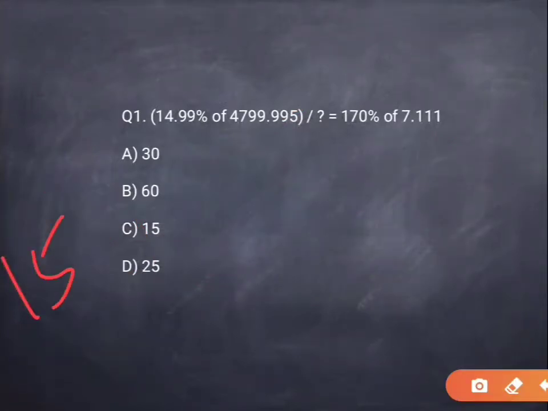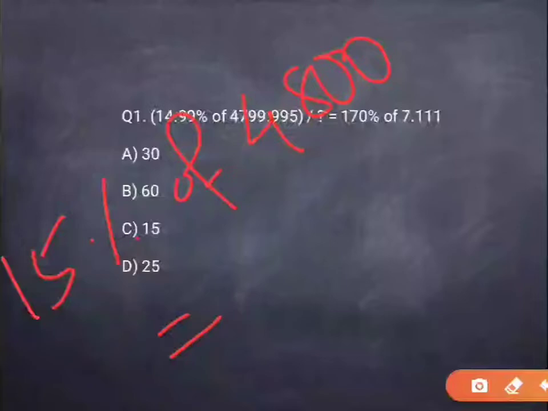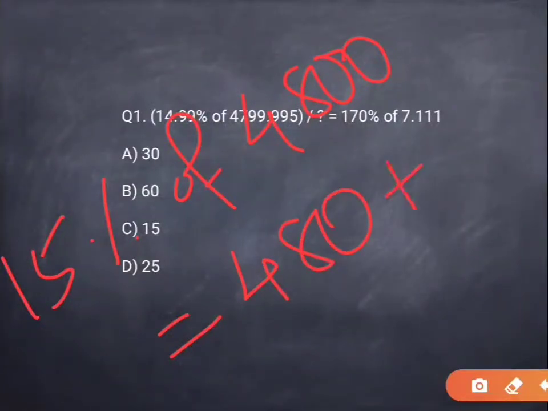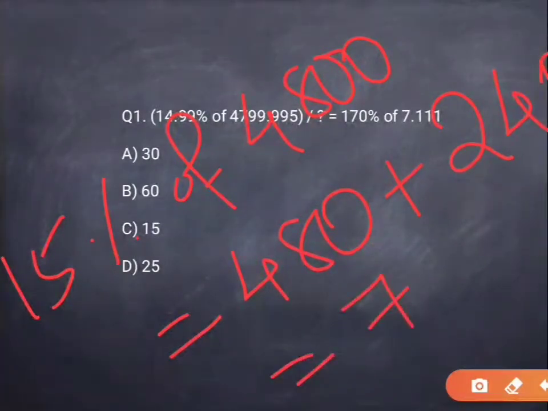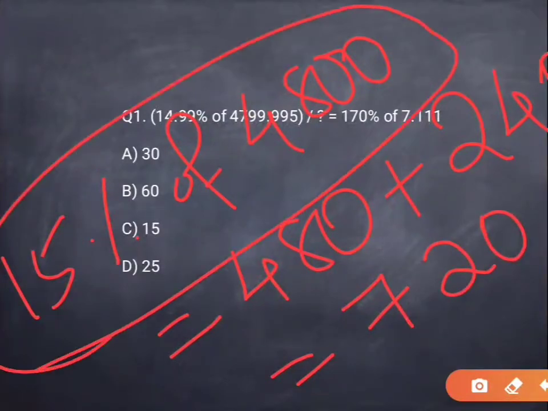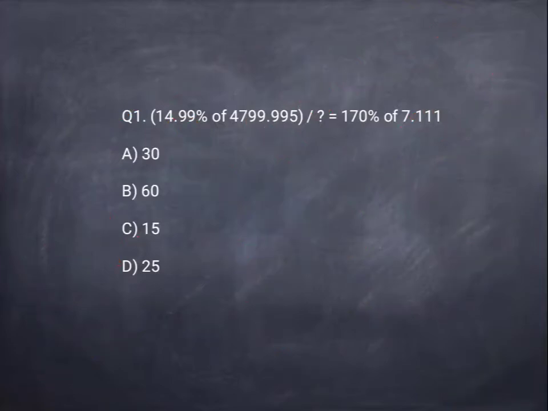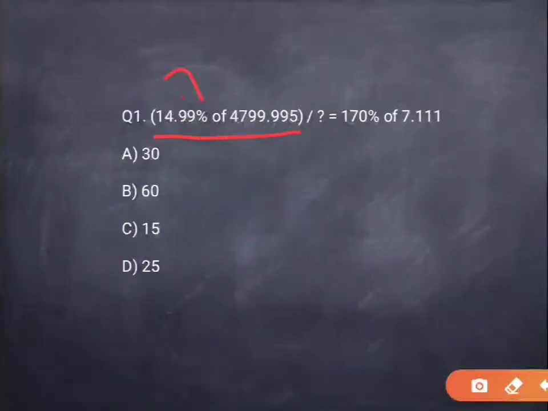So 15% of 4800 is equal to 10% of 4800, that is 480, plus 5% of 4800, that is 240. So add this up, then we get 720 as 15% of 4800. Now this whole thing becomes 720.